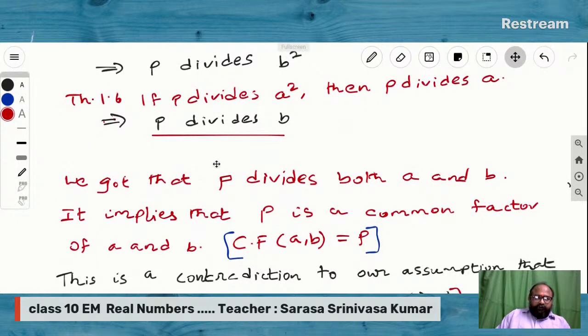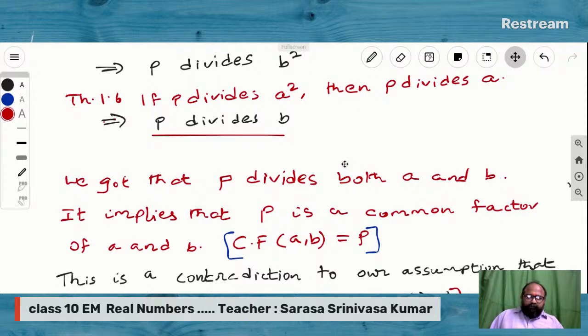So in the earlier case, we got p divides a. Now we got p divides b. So combining these two statements, we can write p divides both a and b.